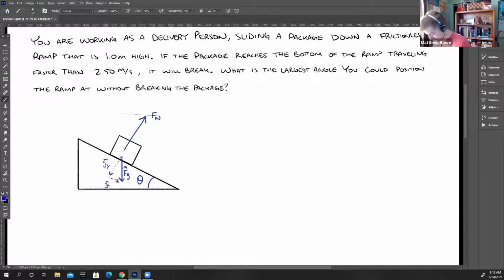F of force due to gravity in the x direction, or the horizontal if I'm shifting my head. If you don't like writing x and y, you could use Fg perpendicular, and this is Fg parallel. So that's just two lines like this. It's however you want to write it. For the problem, I'm going to keep it as x and y.